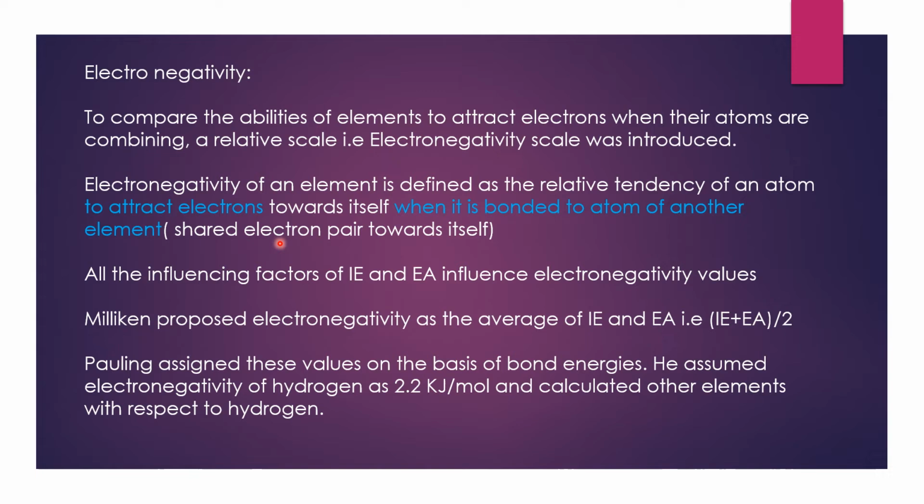Did you all get what electronegativity is? Electronegativity of an element is defined as the relative, or comparative, tendency of an atom, with the other atom which is involved in the bond formation, to attract electrons towards itself when it is bonded to an atom of another element, not the same element. So you cannot define the electronegativity of chlorine when it is forming a chlorine molecule, because during the formation of a chlorine molecule, a chlorine atom combines with another chlorine atom.